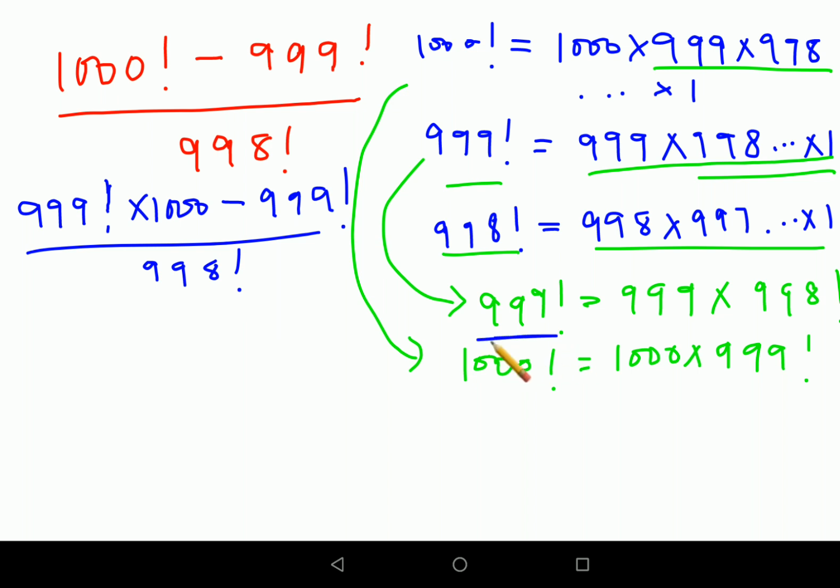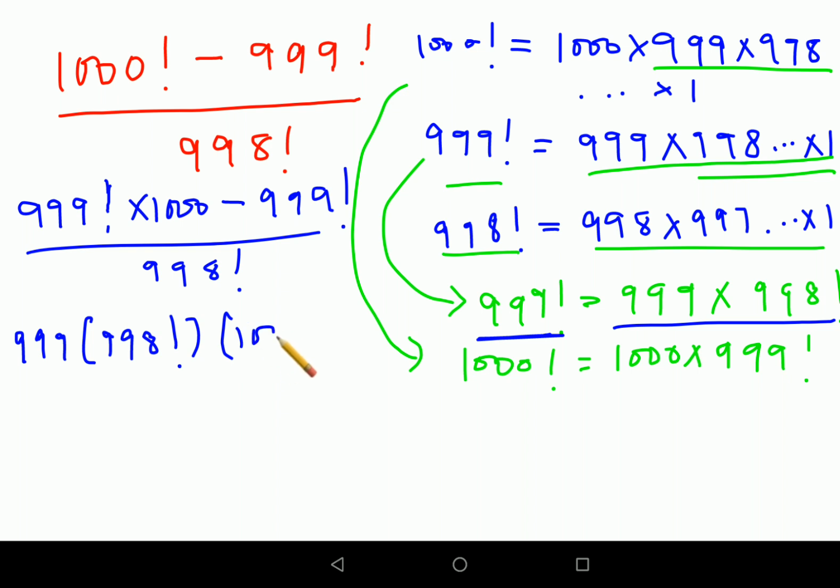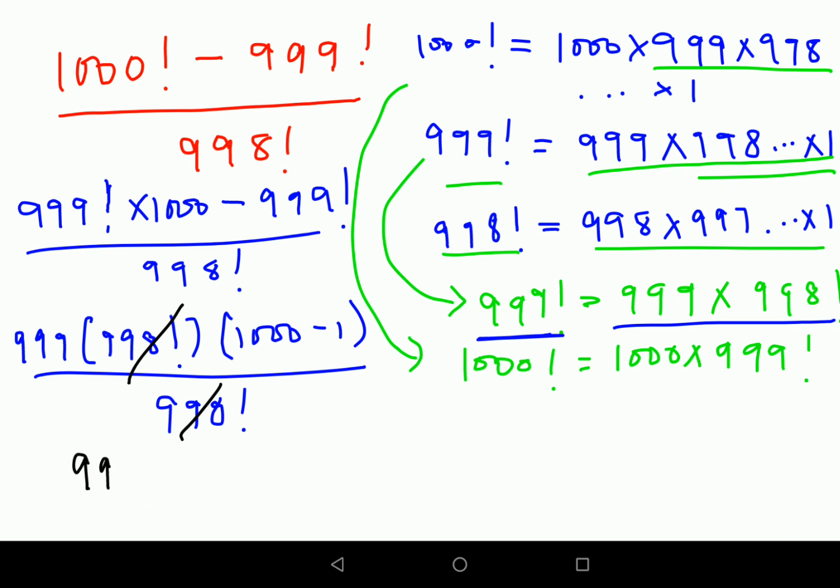But instead of the 999 factorial value, I will put it this way: 999 into 998 factorial. And here in the bracket, I'm left with 1000 minus 1. It is still divided by 998 factorial. Okay, so now let this get cancelled.